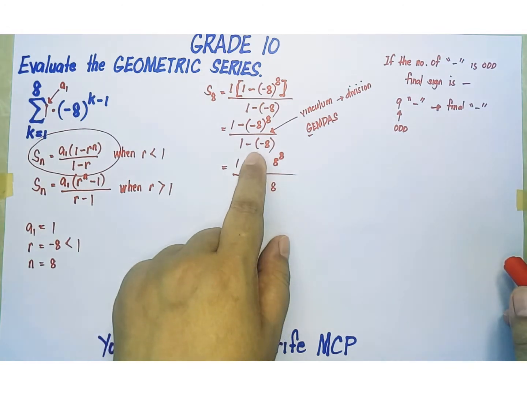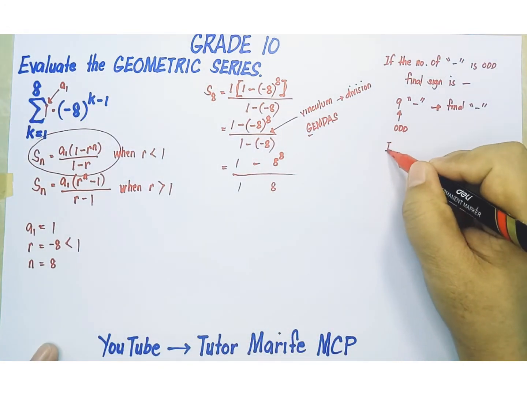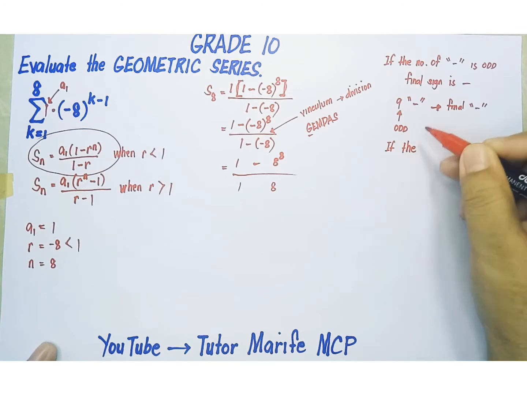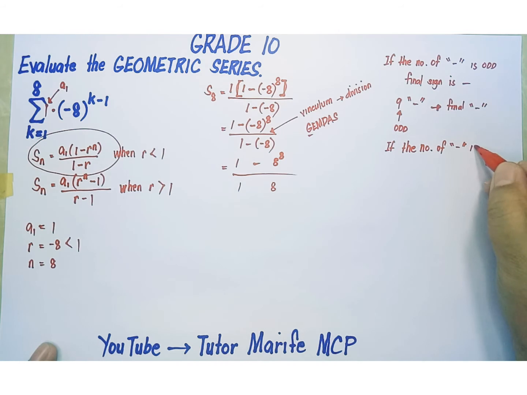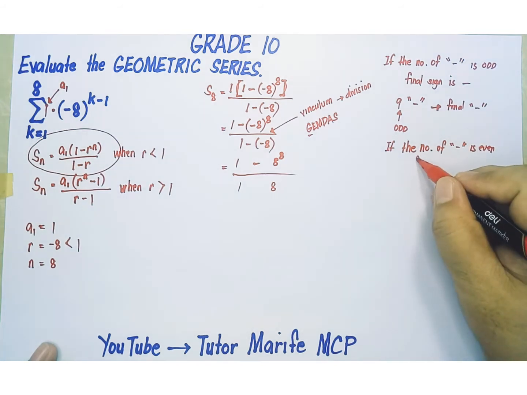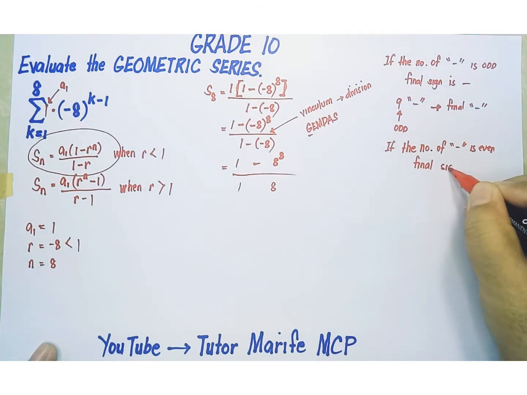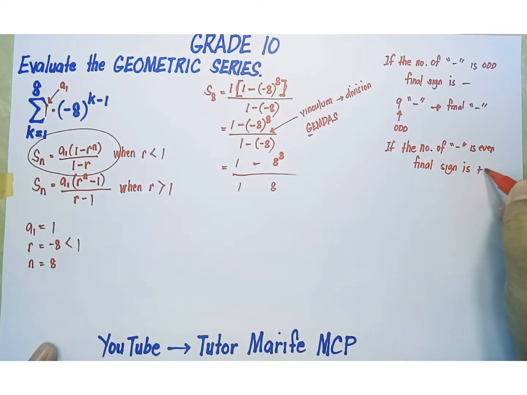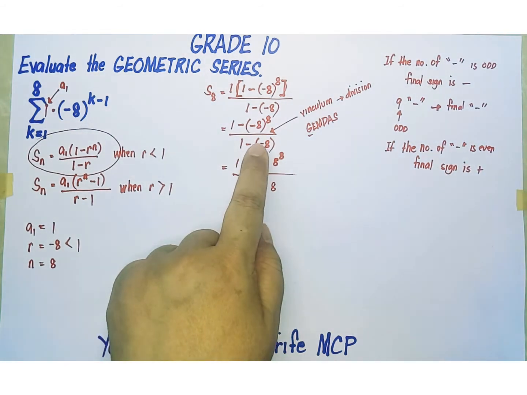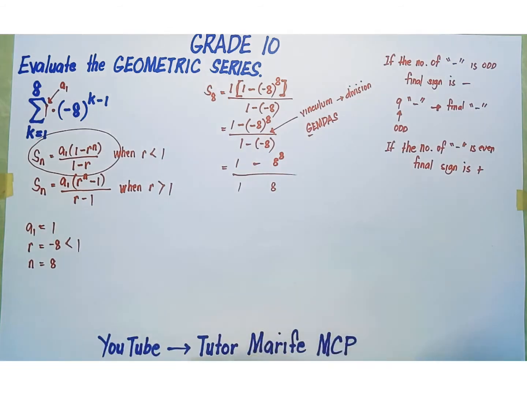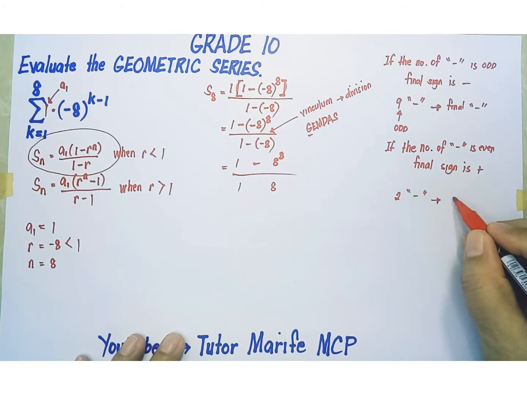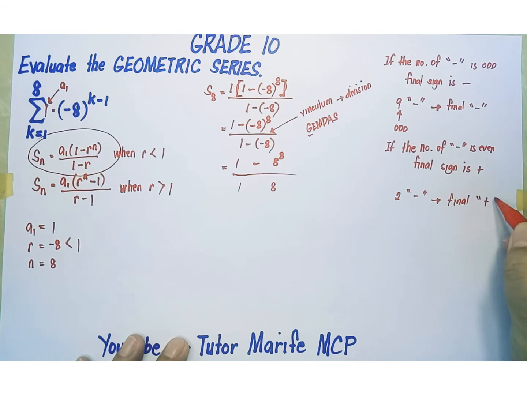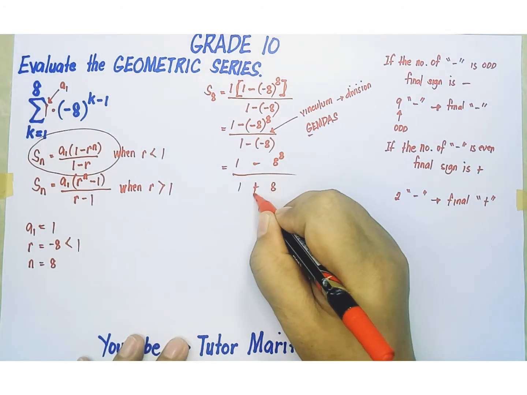By counting naman, if the number of negative is even, your final sign is positive. Let's count 1, 2. You have two negative signs. Therefore, your final sign in between 1 and 8 is plus.